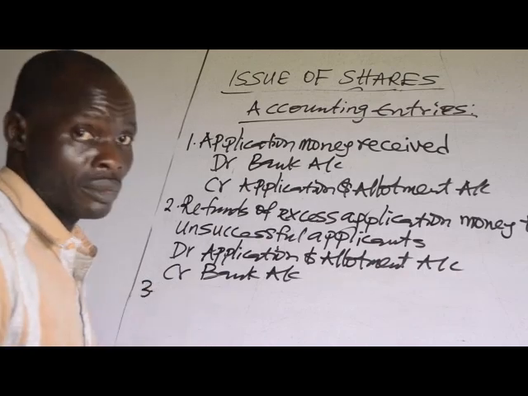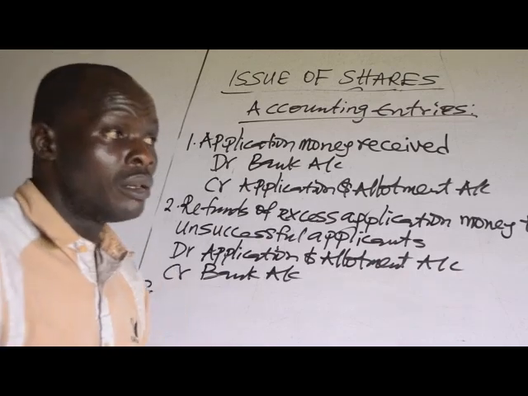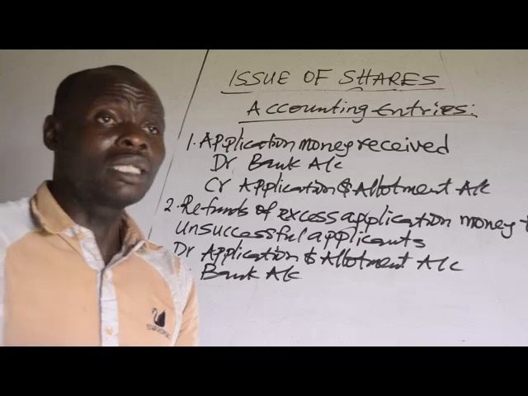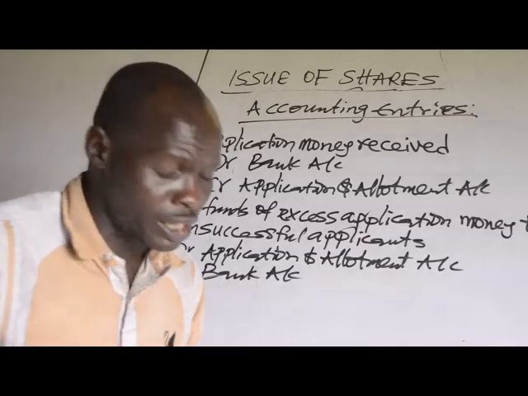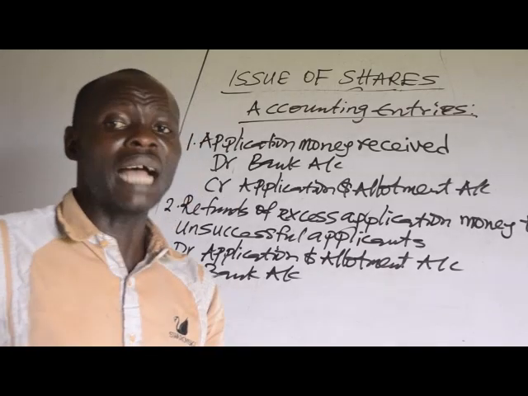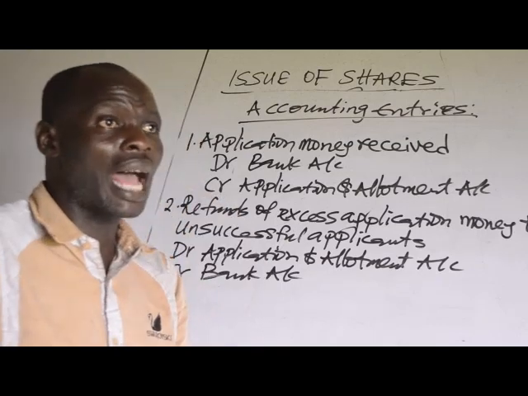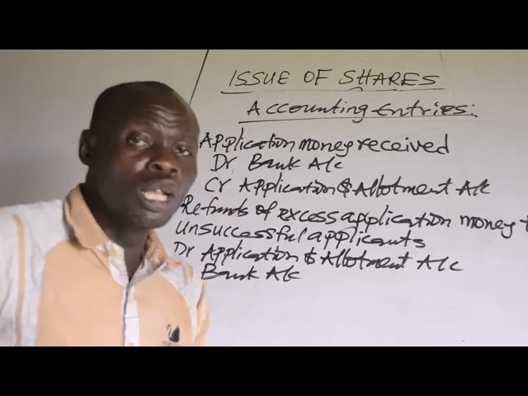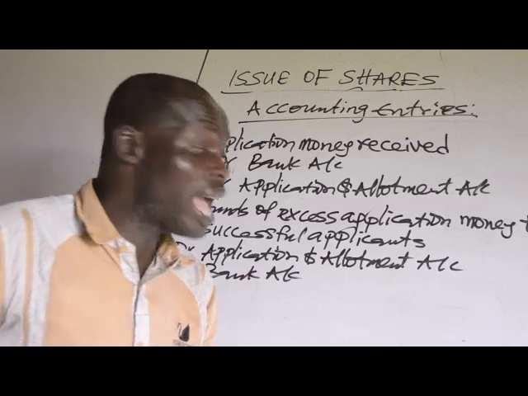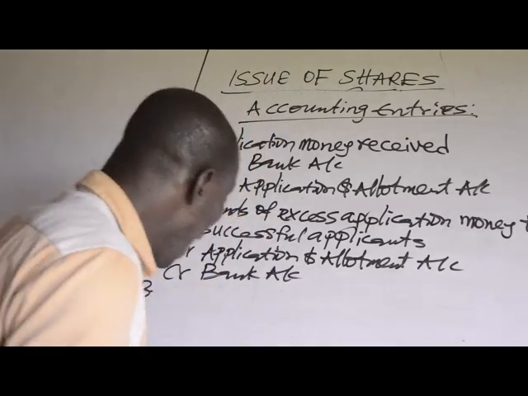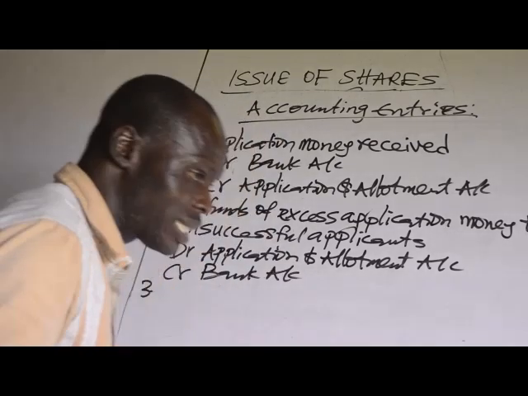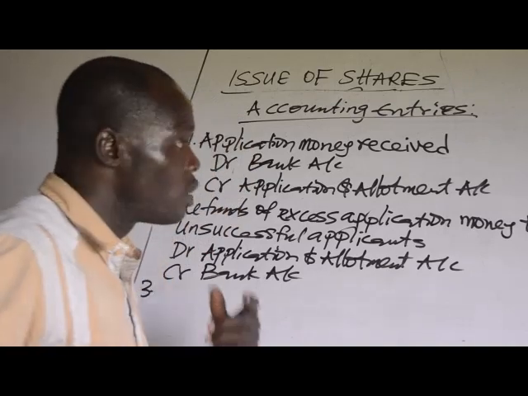Number 3, the next thing will be the allotment of shares. The company will start allotting shares. That is, I've told you that allotment means to distribute shares among the applicants. When a company starts allotting the shares, the share capital account will be created.